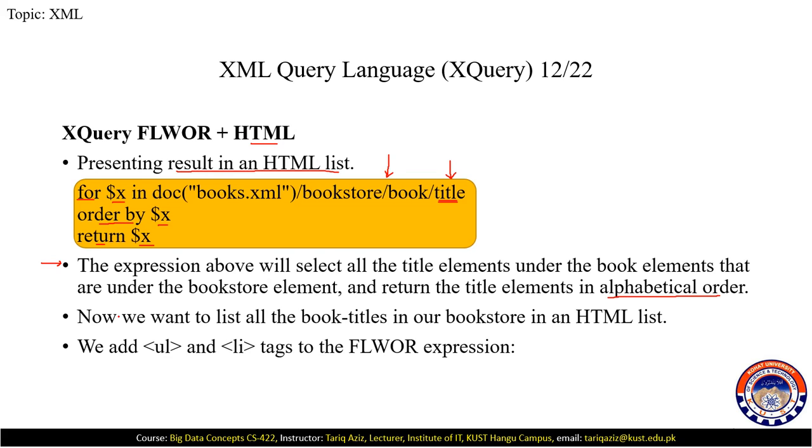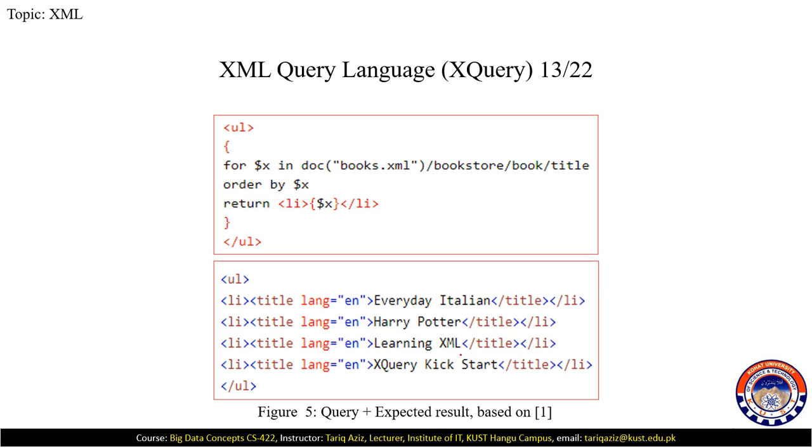Okay. Now, dear students, this point is important. It says that if we want to list all the book titles in our bookstore in an HTML list, then what do we have to do? For this purpose, we have to use two tags. One of them is the UL tag and the other one is the LI tag, but we will use these two tags with the FLWOR expression. So what will be the query? This is the query.